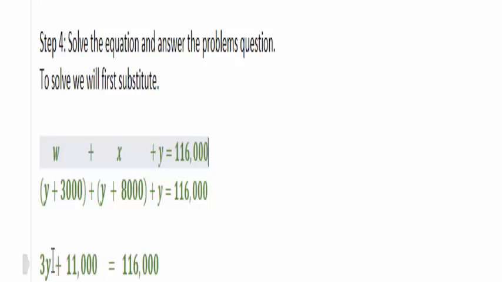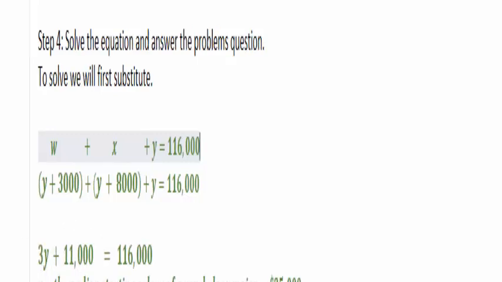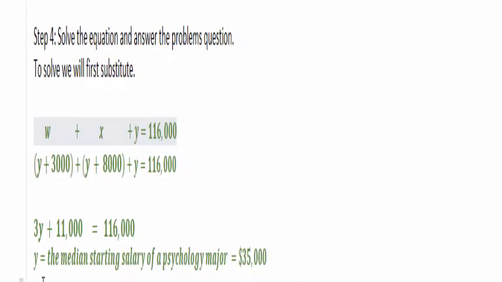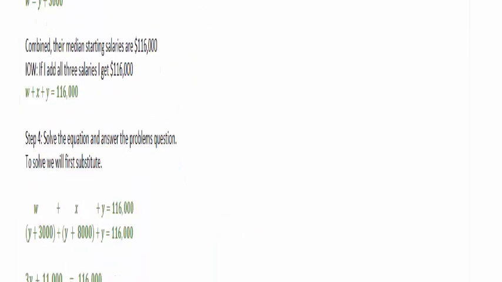Subtract 11,000 and divide by 3, and I get 35,000. And that's what Y equals, which I have to then remember meant the median starting salary for a psychology major. Now that is only telling me what my psychology major is making. I need to take another equation, and I'm going to use the one that says, I could have used either of the first two, but I'll use the one that says X equals Y plus 8,000.